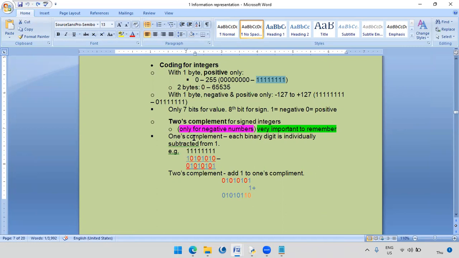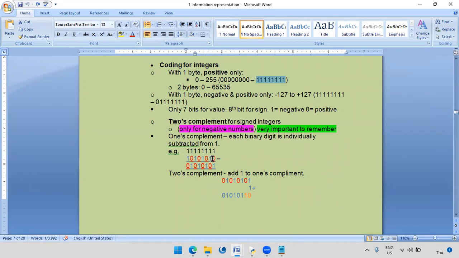So how do you do it? The first step is 1's complement. You take a number and turn it to 1's complement before turning it to 2's complement. How you do it is each binary digit is individually subtracted from 1. Complement means the opposite. So you put all ones on top.